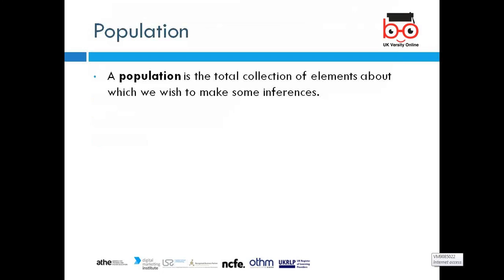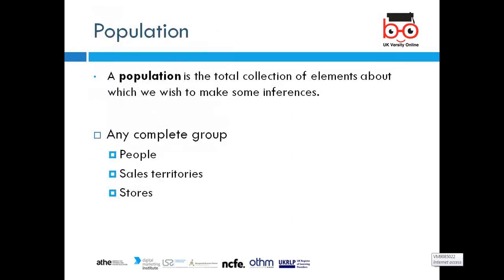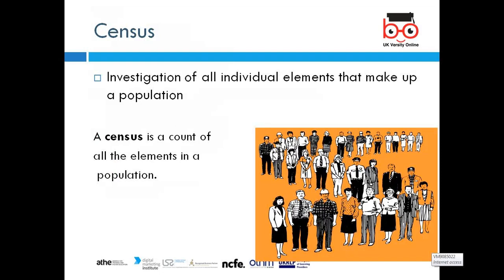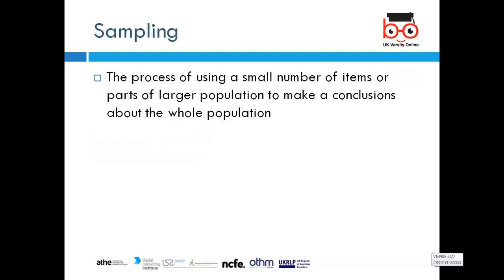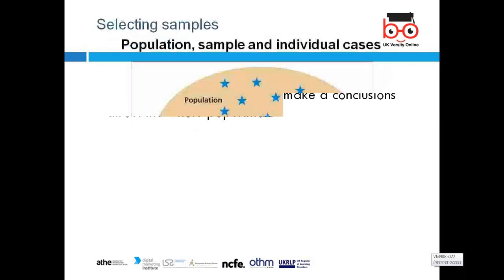Population means the total collection of elements about which we wish to make some inferences, and we can look at any complete group: people, sales, territory, stores. That could be a population. Census we do for the whole population. Yes, we count every individual, but in sampling we count a small number of the whole population.